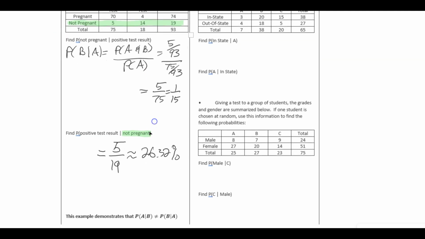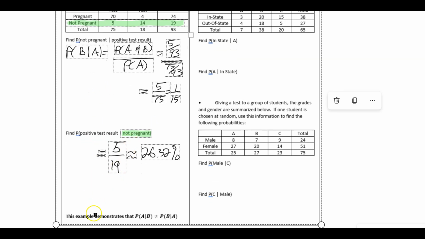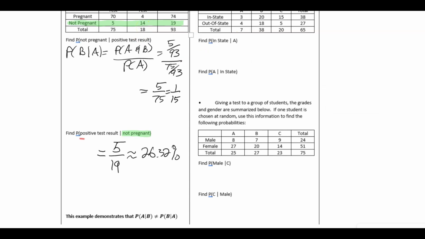Now also, this demonstrates that the probability of not being pregnant given positive test result is different from the probability of positive test result given not pregnant. So P of A given B is not the same as P of B given A. They are different, and you have to work out whichever one they're asking.